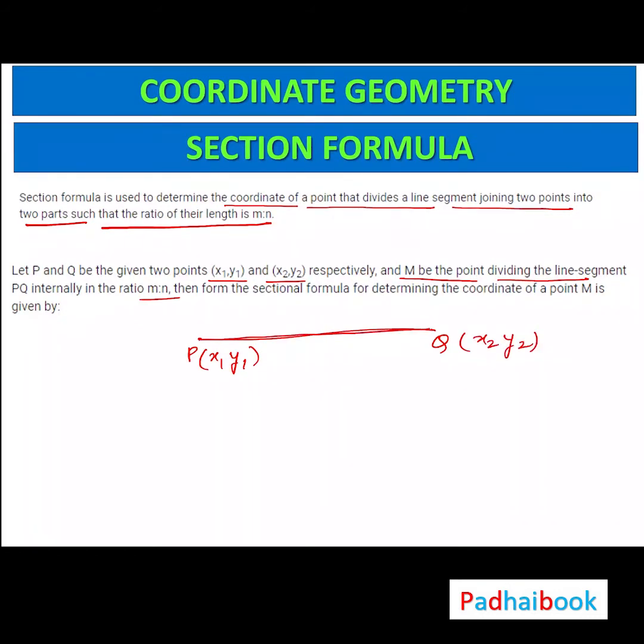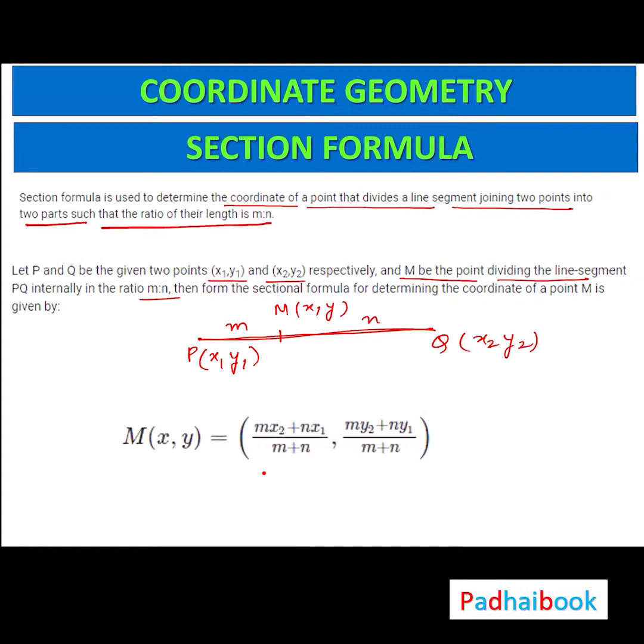Right? So I take a point M with the coordinates x, y, which divides it in the ratio m is to n. Then the coordinates of the point M are given by (mx2 plus nx1) divided by (m plus n), and similarly (my2 plus ny1) divided by (m plus n).